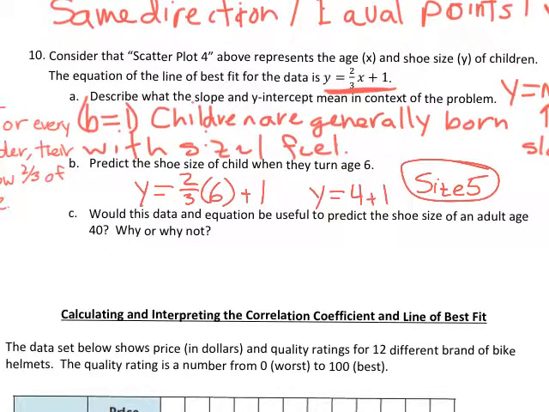Okay, and would this data and equation be useful to predict the shoe size of an adult age 40? Why or why not?